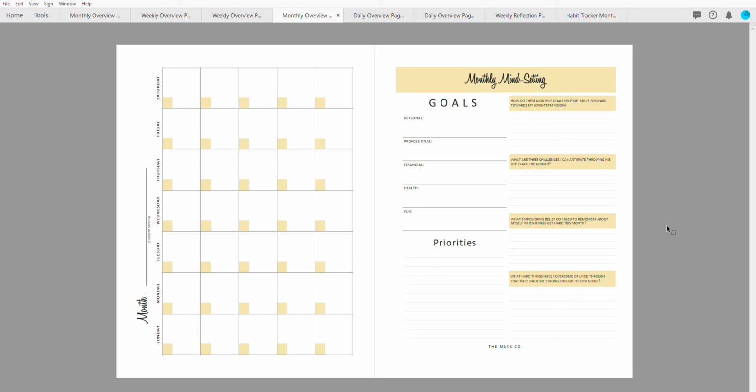So what are 3 challenges I can anticipate throwing me off track this month? So this really ties into, right, if we can anticipate something, when it happens, we are not going to get rocked off course in the same way that we would if we didn't anticipate it.